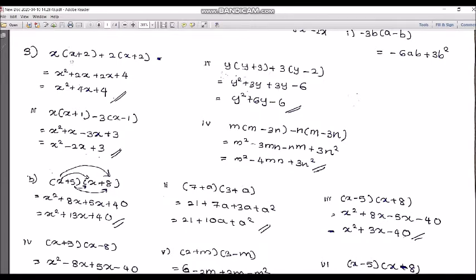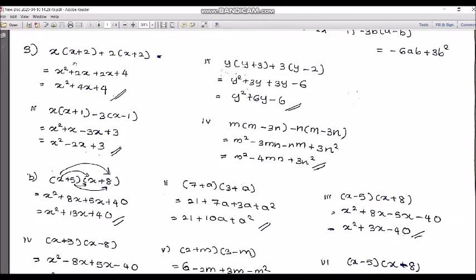We have simplified this part as we do in the second, and this as we do in the second, and then this plus mark, so we have to do the calculation. Here x squared, same, we can't add x squared to x, because we can only add the same kind of expressions.